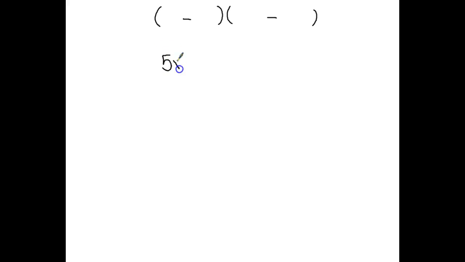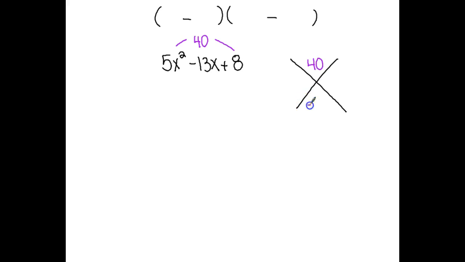So we have 5x squared minus 13x plus 8. Outside terms, 5 times 8 is 40. Bottom term is negative 13.